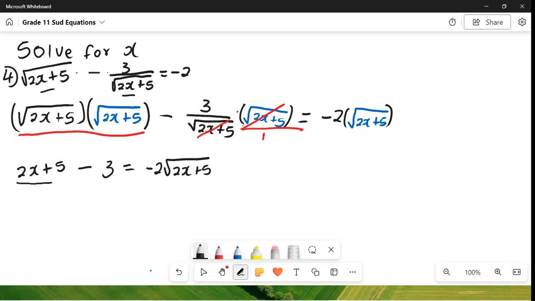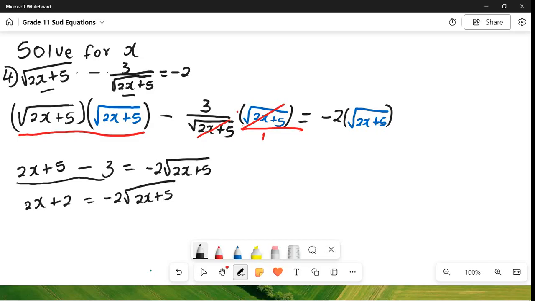So on the left hand side, we already have something from which we can group the like terms. We have 2x. What is 5 minus 3? It's positive 2. 2x plus 2 equals minus 2 square root of 2x plus 5.